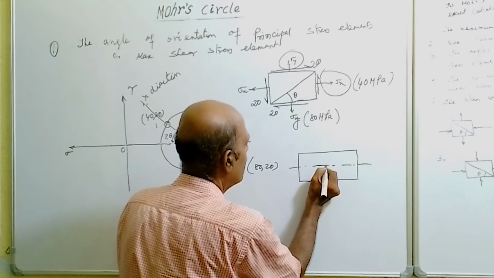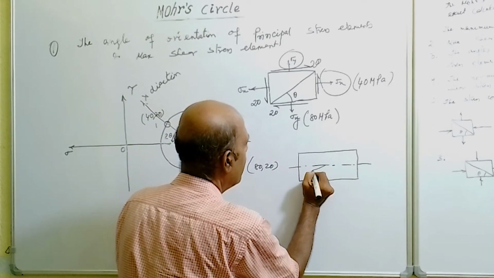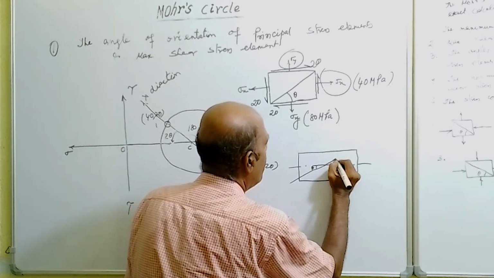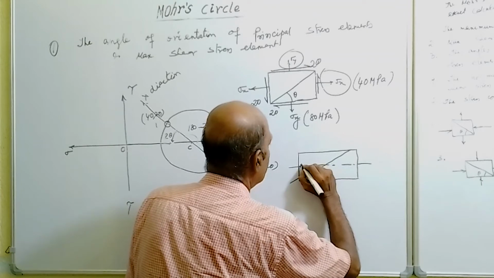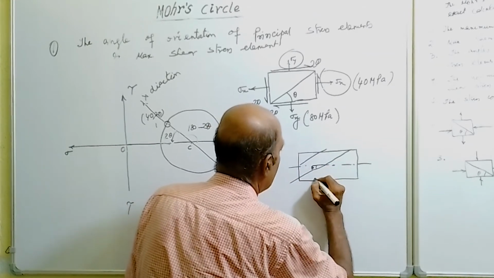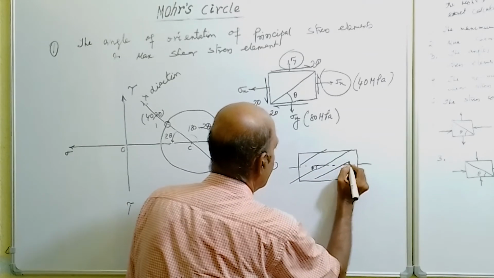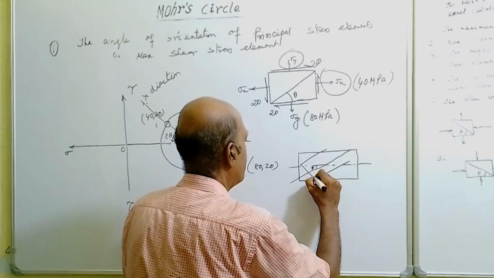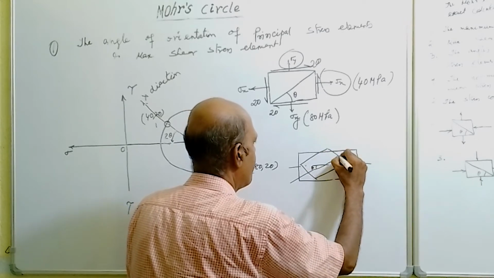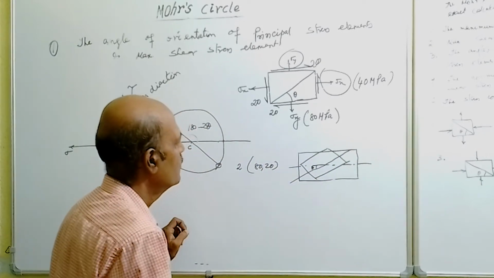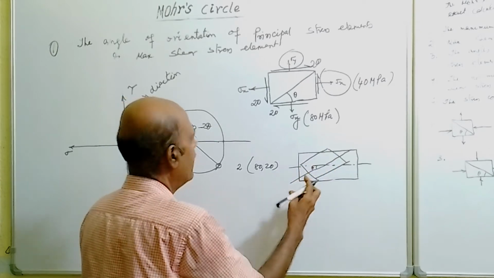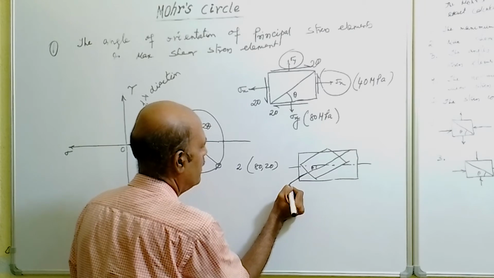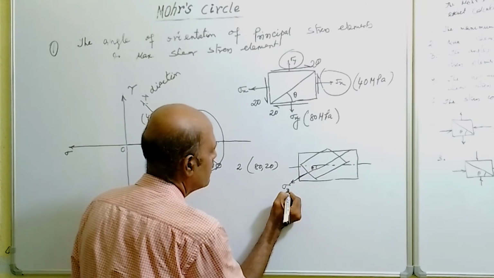So here draw an angle equal to theta, draw a line parallel to this, and draw the perpendicular line here. So if we rotate by theta angle, we will get the minor principal stress plane.